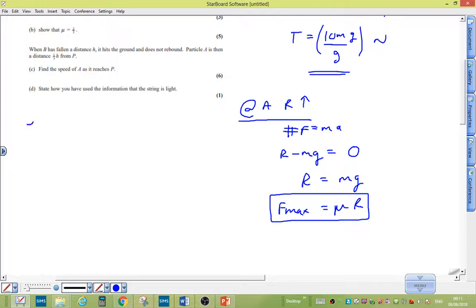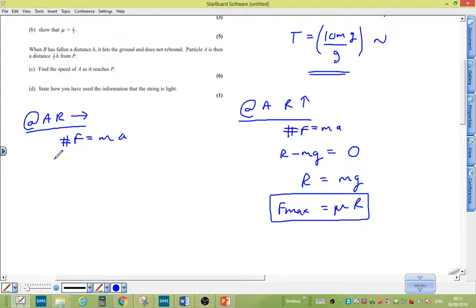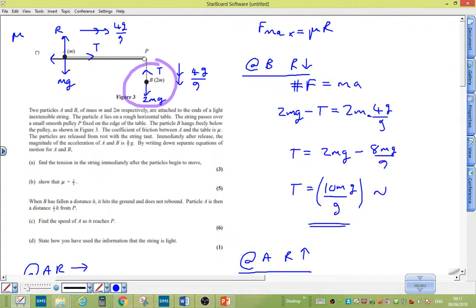And to know that, again at A, we're going to resolve in the direction of motion, horizontally to the right. So we're going to use net force equals mass times acceleration. The net force is your tension take away F max. I'm going to label that as F because I haven't done so.